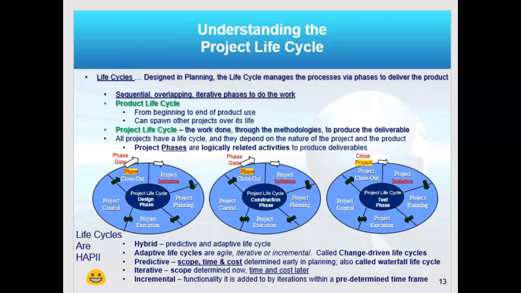All I've done here is add to our understanding of the life cycle by highlighting the product life cycle, which you want to consider as a project manager, and the project life cycle. The project life cycle lasts only as long as the project itself, but the product life cycle will go on as long as that product is in operation.